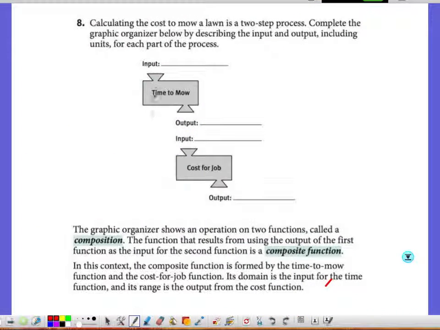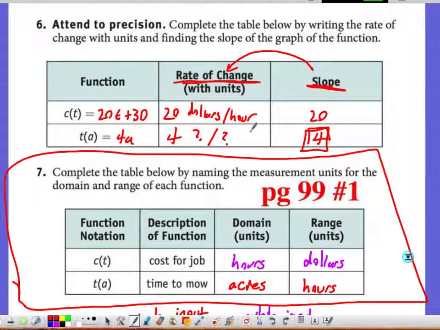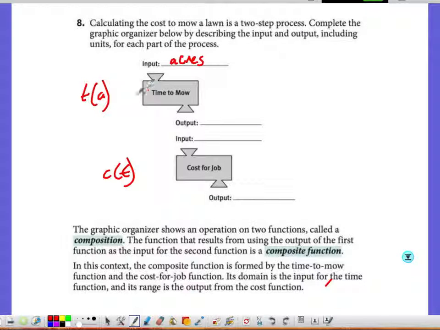So this is actually what we have here, where this function is represented by t of a, and the next function is represented by c of t. Again, this is very simple. Your input is whatever's inside the parentheses. So you start with acres. Our output was hours.